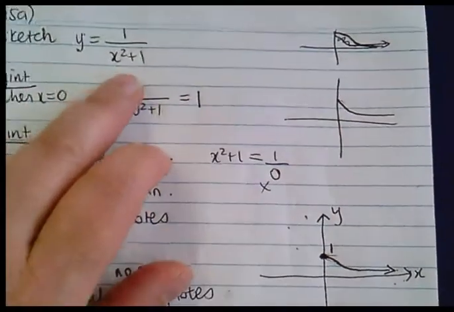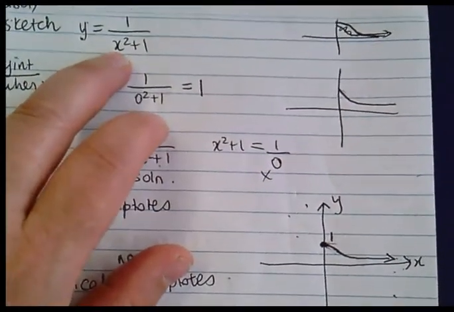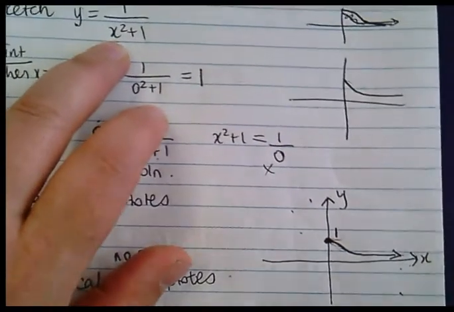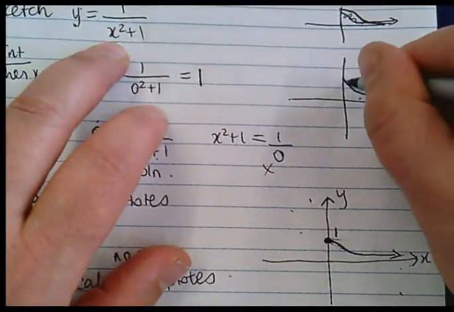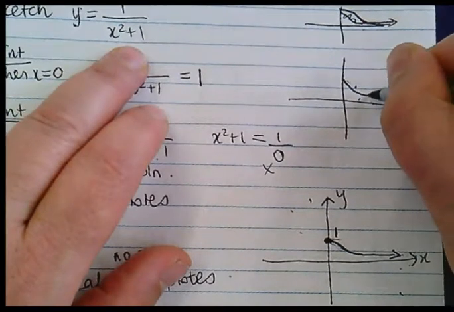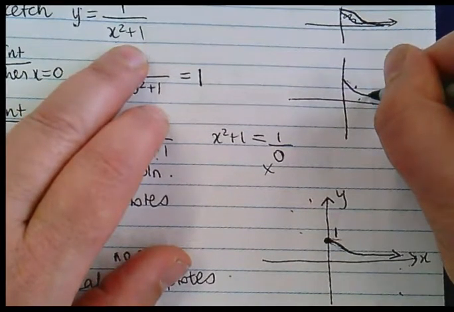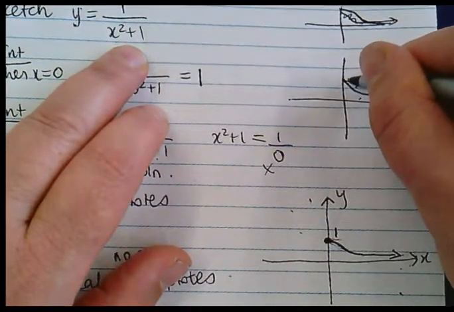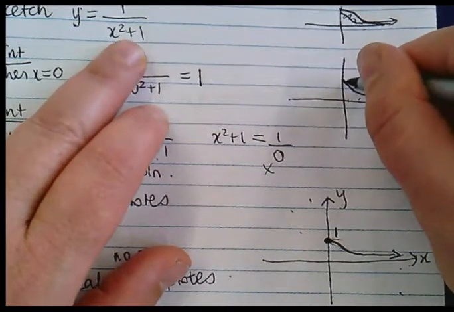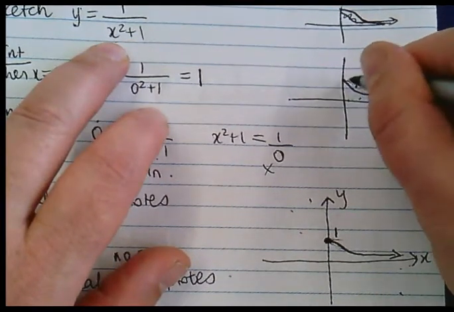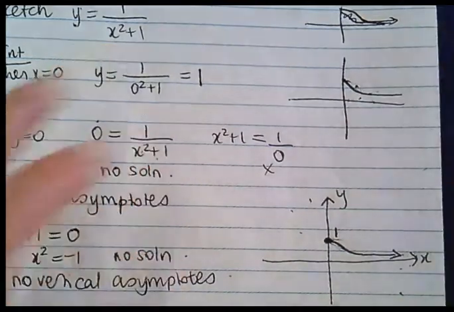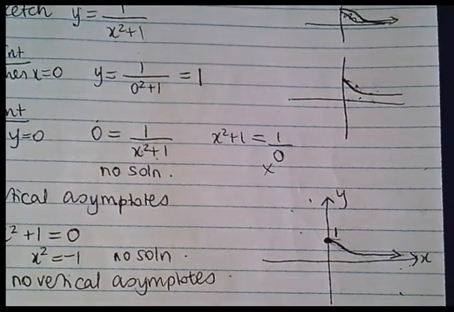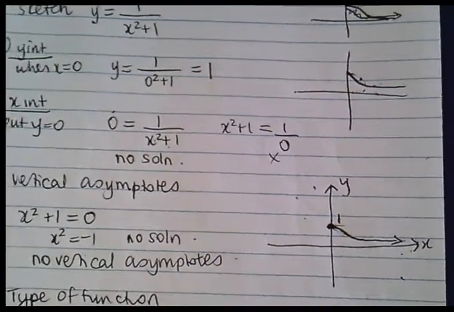So if you put, for example, when x is 1, you get a half. Maybe when x is 2, it's a fifth. When x is a half, what do you get? You'll know if it's dropping down or rounding. But you don't have to know yet. Remember, this is a 2-year course. You won't be asked this question until the HSC.